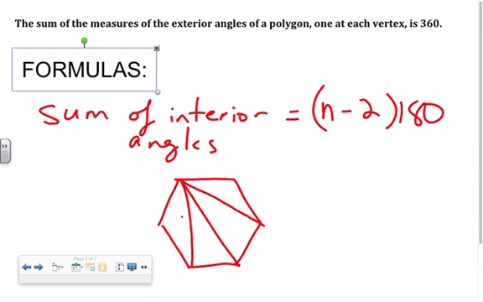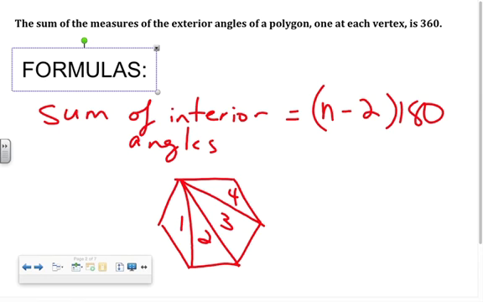Notice how many triangles there are here. I have 1, 2, 3, 4. Notice that the number of triangles I have in here is 2 less than how many sides this figure has.